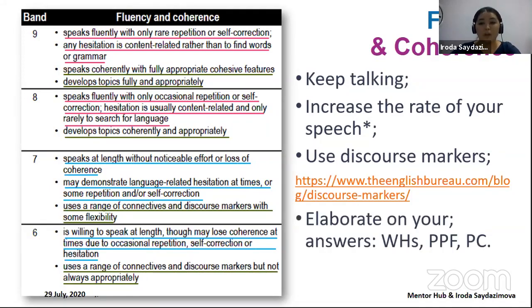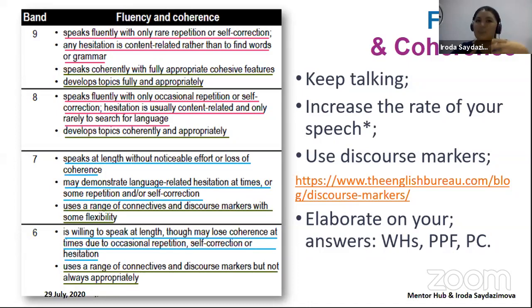And then elaborate on your answers. Please develop your answers. Here, developing means looking at the topic from different perspectives if necessary, and don't give only one sentence long answer. Maybe you want to challenge yourself by asking WH questions like why, when, how, who, right?